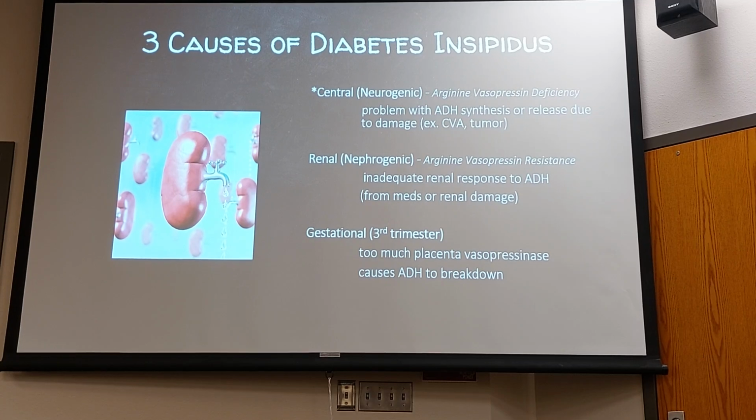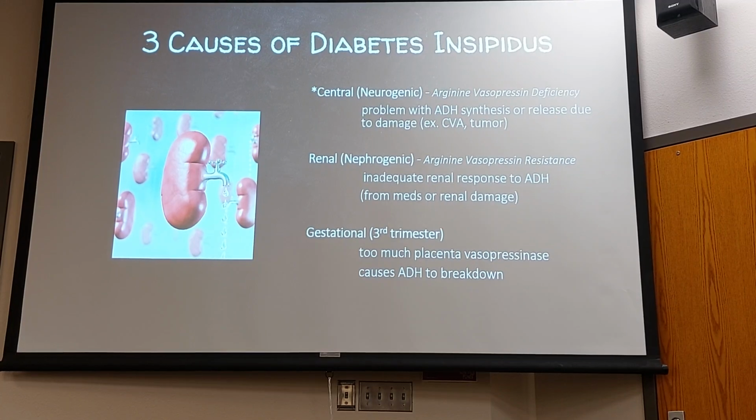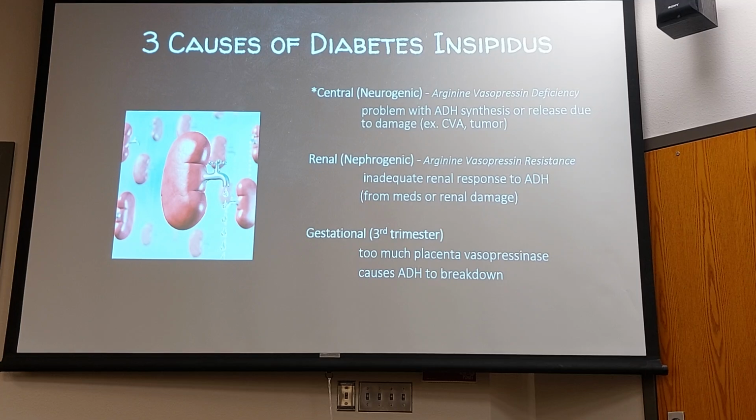So it can come, like I was mentioning before, as central diabetes insipidus. And I have this arginine vasopressin deficiency up here. That's actually the new term for diabetes insipidus. I know, they're changing the terms. Everybody's still calling it diabetes insipidus, central diabetes insipidus, or renal diabetes insipidus.